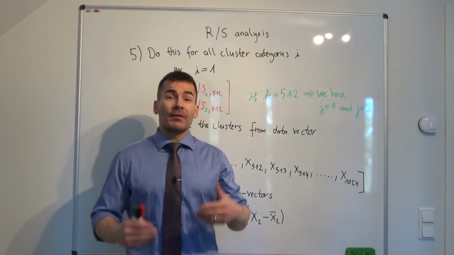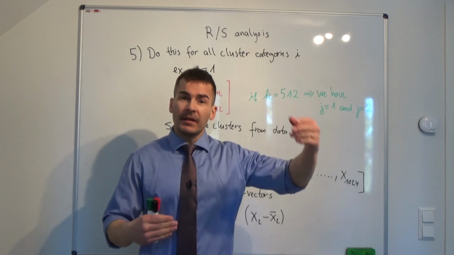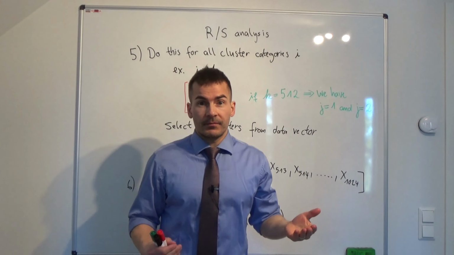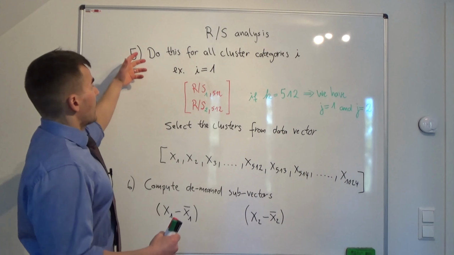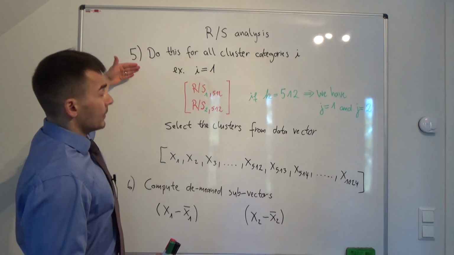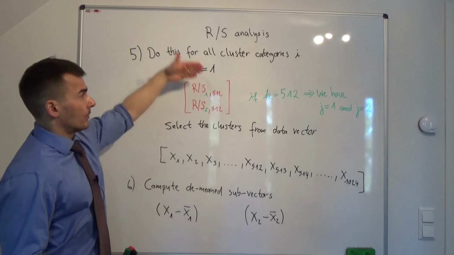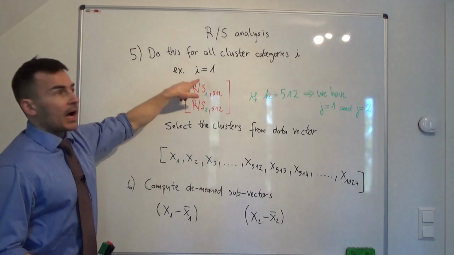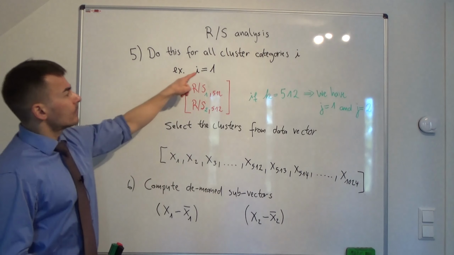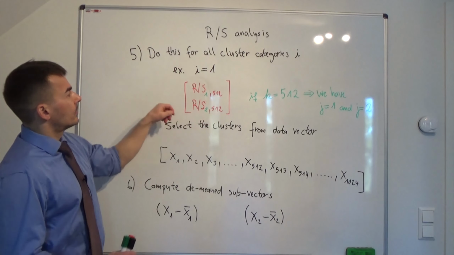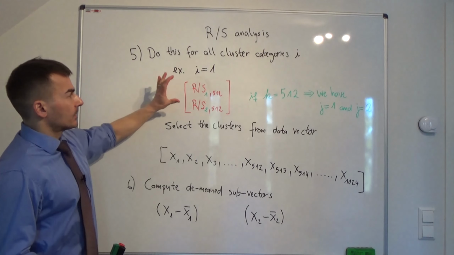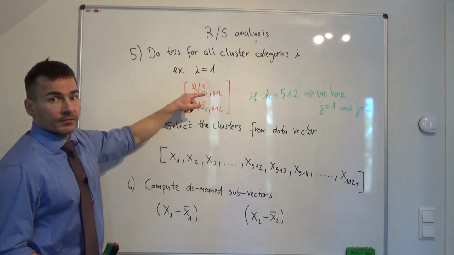The next steps that follow, we have to repeat in an iterative manner for all cluster categories. The fifth step is then, and this has to be done again for all cluster categories I, for example, let's start with I equal to 1. We have to store the rescaled range statistic for all subclusters.